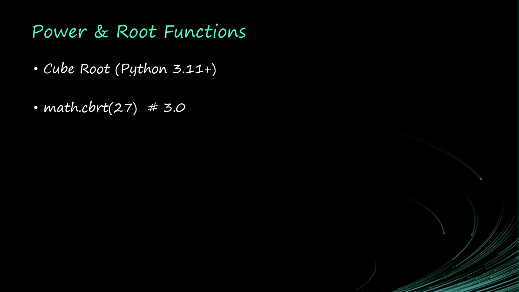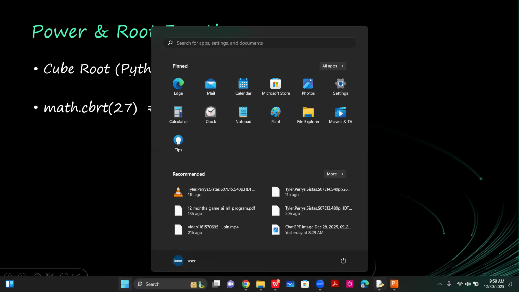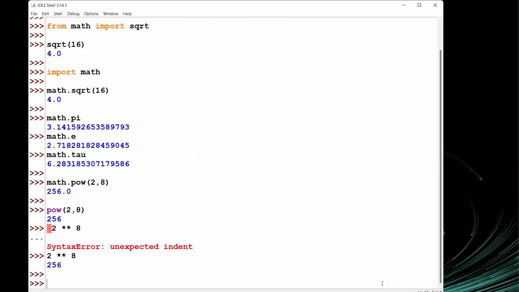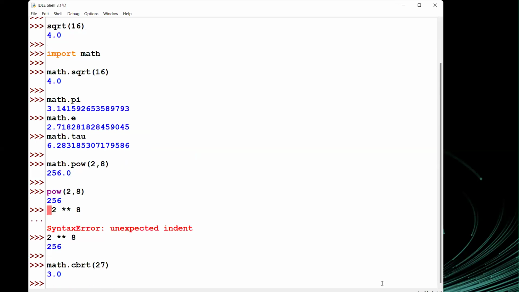There is the cube root. So I can say math.cbrt, cube root. If I want to get the cube root of any number, say math.cbrt of 27, it will give us 3, because 3 times 3 times 3 gives us 27. Math dot cube root of 81 is 9 times 9, 81 times 9 will give us what?